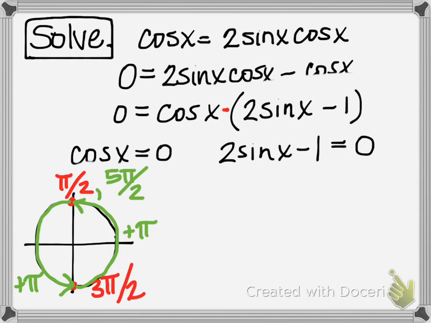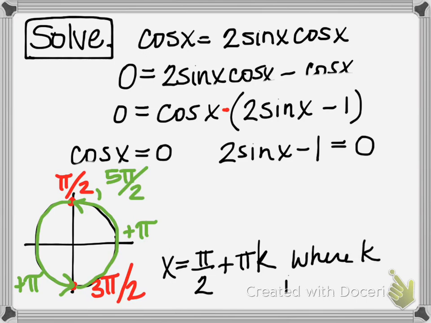which would be another angle of pi radians. So the best way to write our entire solution set here, x can be every angle, starting at pi halves, and adding multiples of pi. So we can write that as pi times k, where k is an integer.